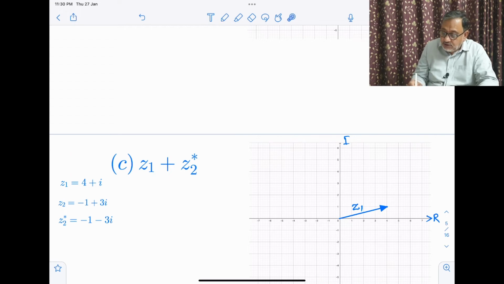So negative 1, look here, from where it ends, I will go left 1 unit and then 3 units down. Minus 1, minus 3. So I am here now at this point. So this point is 3 and minus 2. So this will be my z2 conjugate, right?